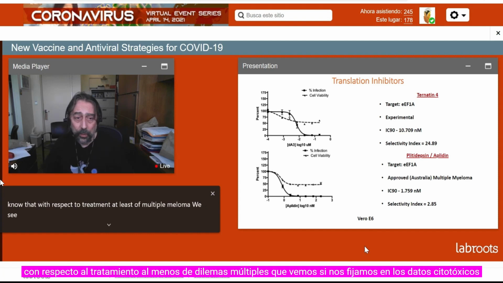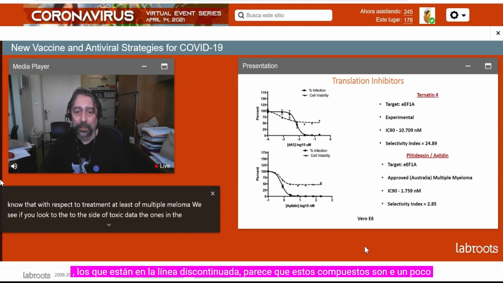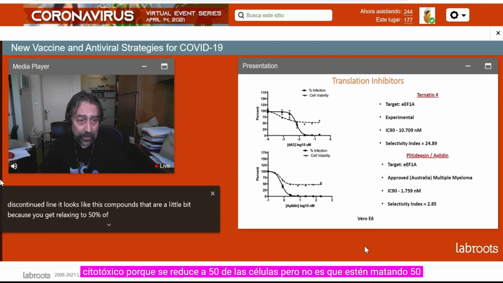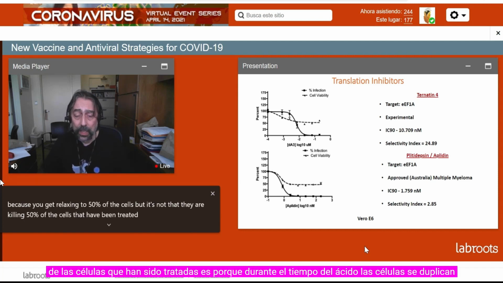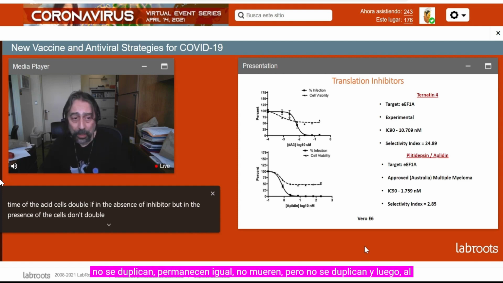If you look at the cytotoxic data, the ones in the discontinued line, it looks like these compounds are a little bit cytotoxic because you get reduction to 50% of the cells, but it's not that they are killing 50% of the cells that have been treated. It's because during the time of the assay, the cells double in the absence of inhibitor, and in the presence of this inhibitor, the cells don't double, they stay the same.